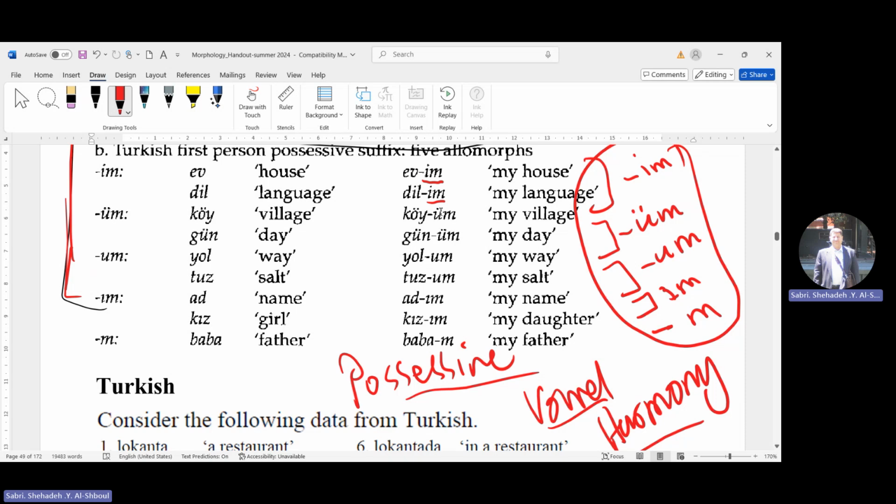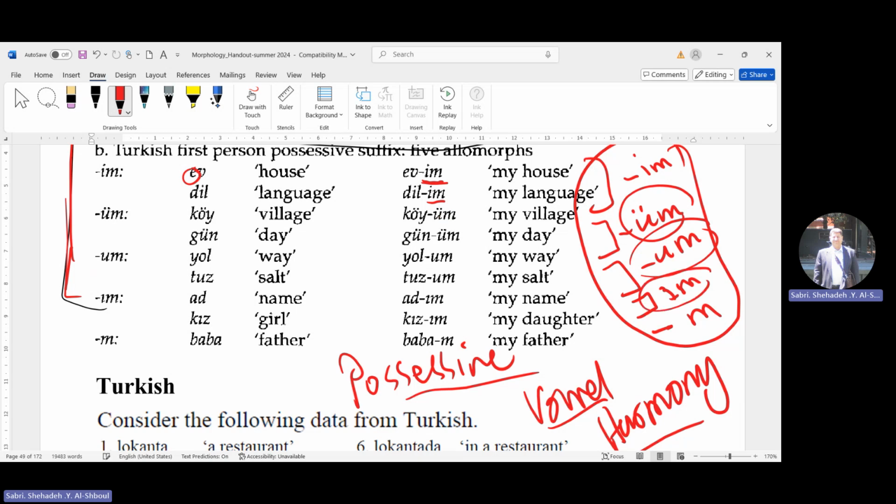So here we have evim, dilim, the vowel harmony; köy, we have rounded vowels with umlauts. So we have with umlaut, yol, tuz with rounded vowel without umlaut. We have the rounded vowel without umlaut. Ad, kız, we have low vowels.